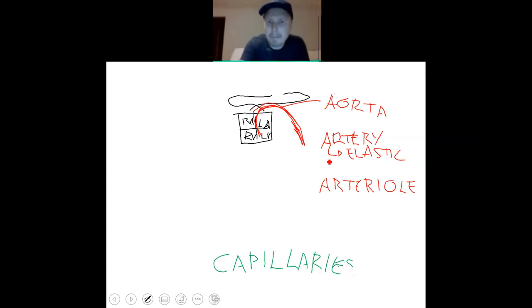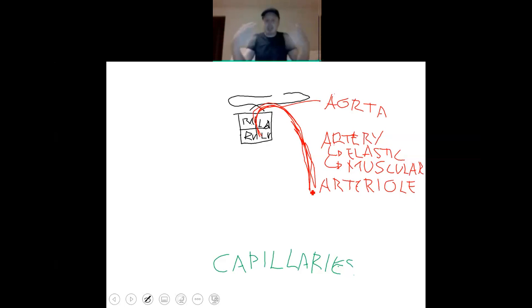And then we've got muscular arteries. Muscular arteries come further down the road, and they are more involved with distributing the blood to various different parts than just dealing with this pressure fluctuation.